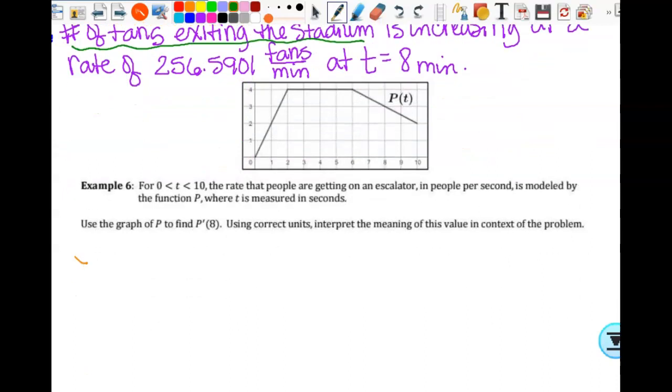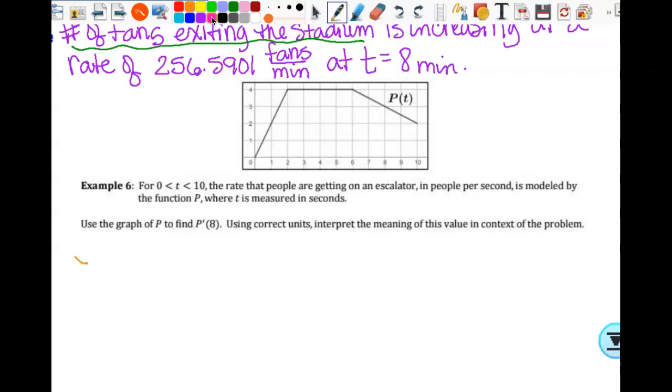Okay. All right, so let's look at example 6. For t being between 0 and 10, which is what our graph is, the rate that people are getting on an escalator in people per second is modeled by function p, where t is measured in seconds. I highly suggest that when you're given something like this, you actually label your graph.